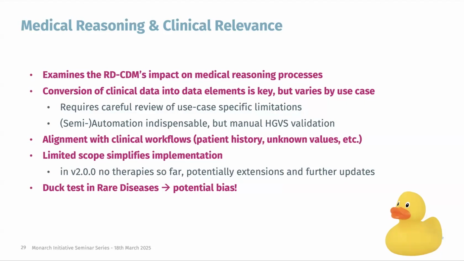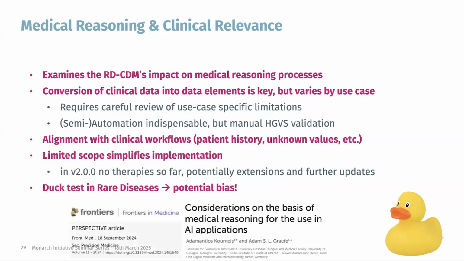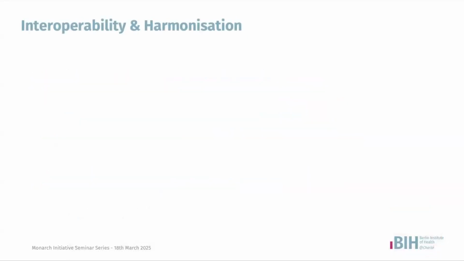On the other hand, you always have to keep in mind, when developing great algorithms, that you may run into biases. Something similar we published earlier, from a seminar with medical students in Cologne, as a perspective where we consider the medical reasoning on which we also found out about this data model.